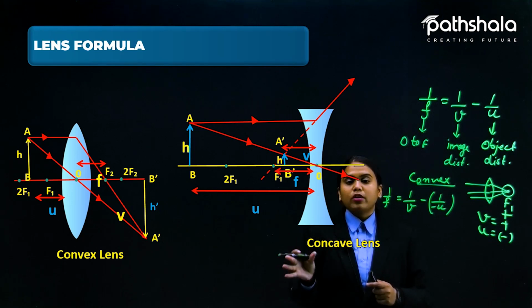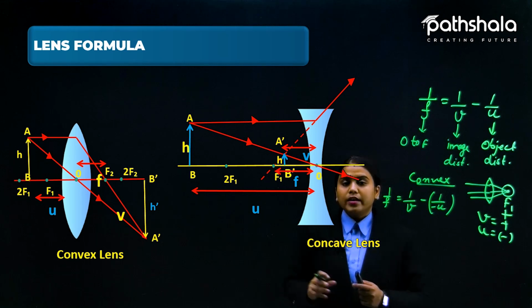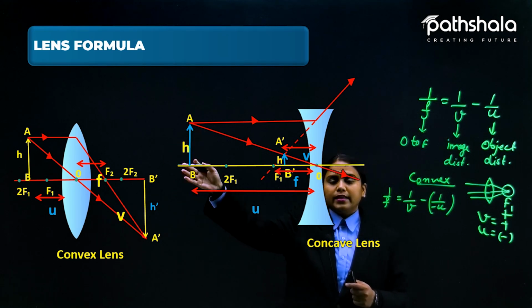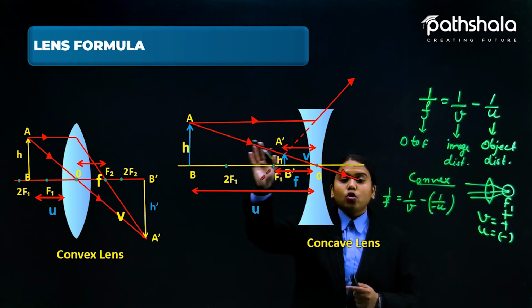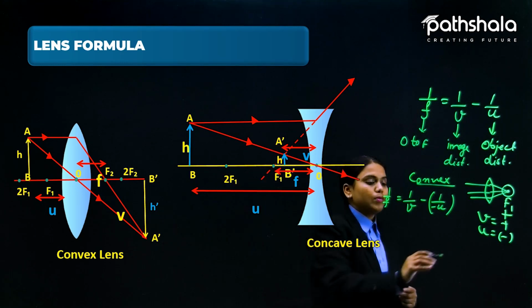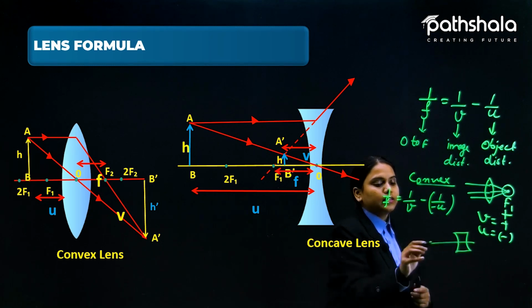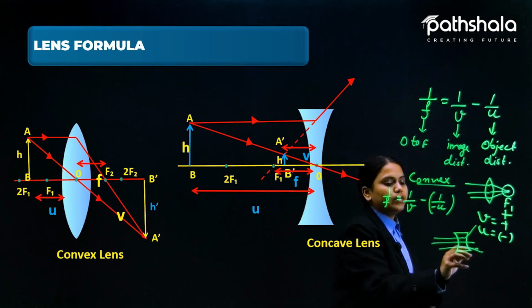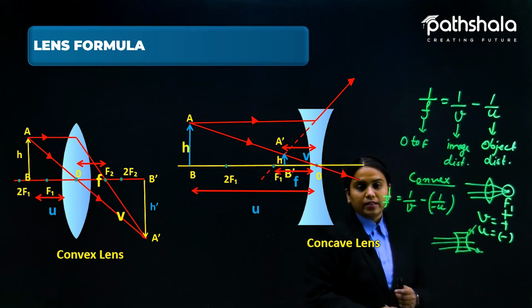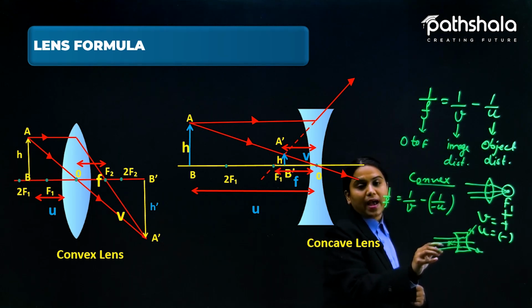Now let us see the concave lens. In this situation, what you are observing is that the object is situated like this, AB. Now the rays that are coming here. You remember that when we were drawing the concave lens, all the rays that are parallel are going to diverge in a direction such that it seems like they are produced from the back side.